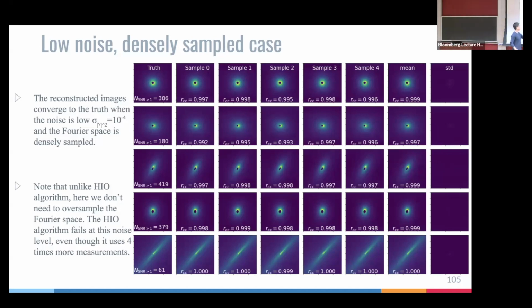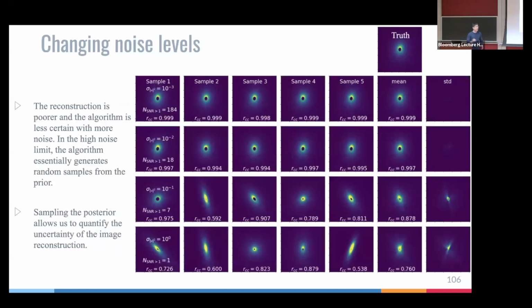I also want to mention that even though the noise level here is pretty low, the traditional algorithm really fails on these examples. If you change the noise levels from top to bottom, here I show examples. Basically, we have higher and higher noise as we go to the bottom panel.